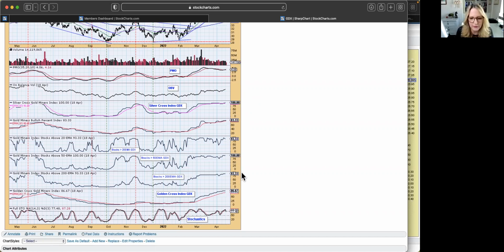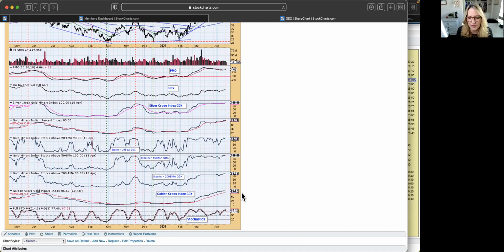An upside crossover of the 50 and 200 is considered a golden cross. The silver cross is based on the 20 and 50-day EMAs, so that's why it's a silver cross. With the golden cross index, we want to measure how many have a 50 above their 200. That is 87%.